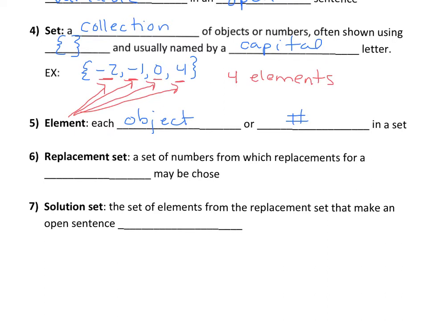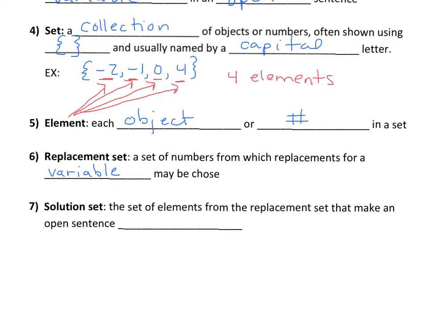Now, these are vocabulary words that we'll look at on the next page, and they'll make a little bit more sense to you, okay? So it's a set of numbers from which each replacement for a variable may be chosen. So what they're going to do is give you a set of numbers, and then you're just going to plug those in, and one of those is going to be your answer. That's a replacement set. It's telling you what numbers to use to replace the variable.